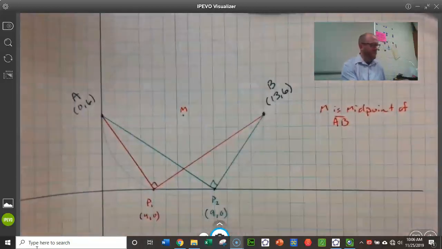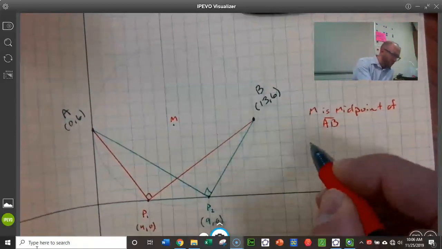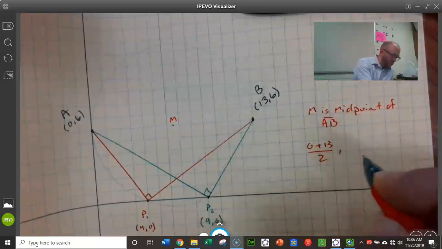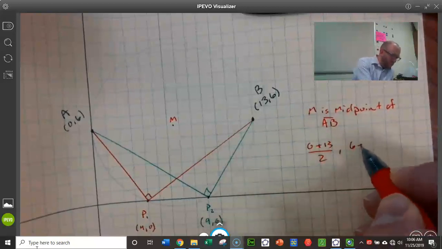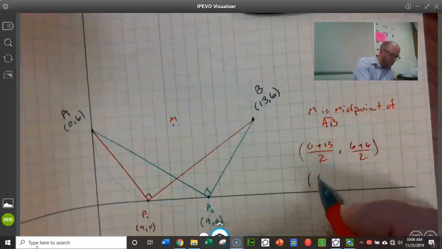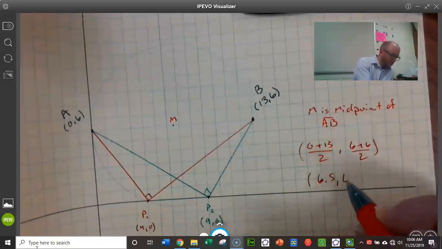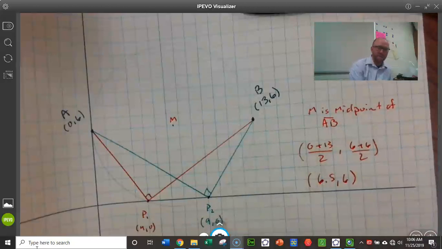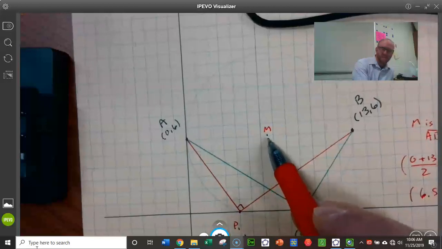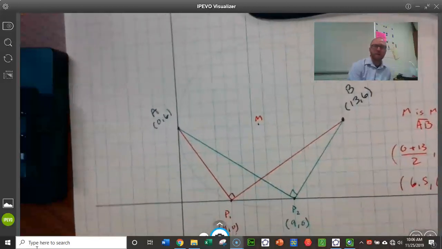And that's pretty easy to find, actually. So we'll just go, that's (0 plus 13) over 2, and (6 plus 6) over 2, which gives us 6.5, comma 6. So over 6.5, up 6.